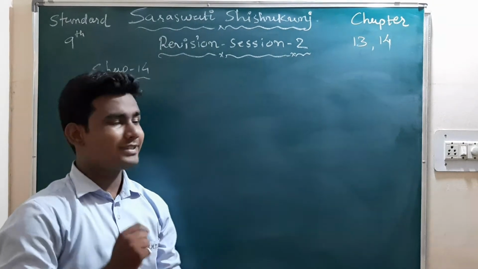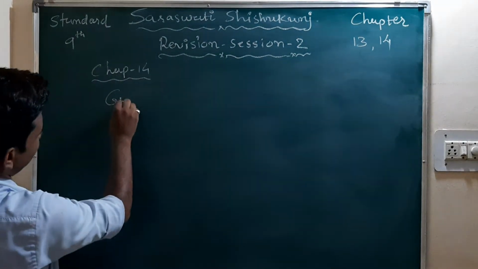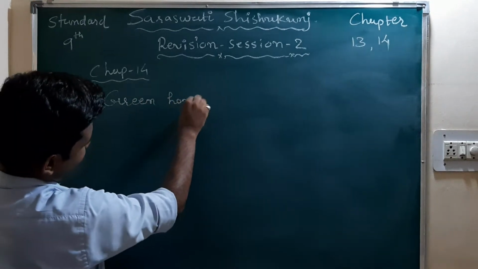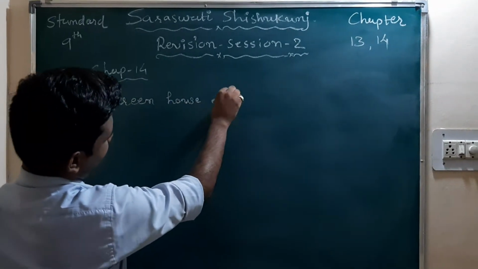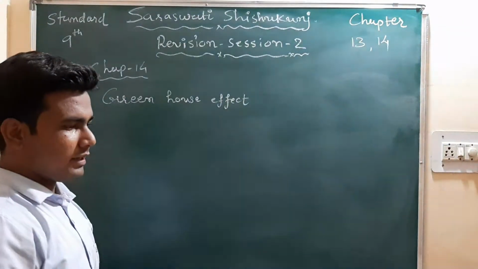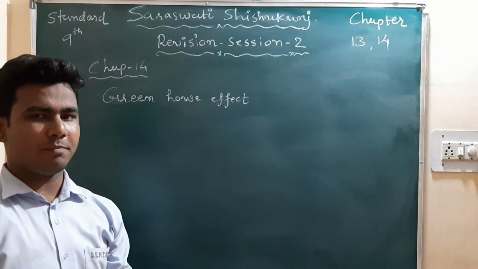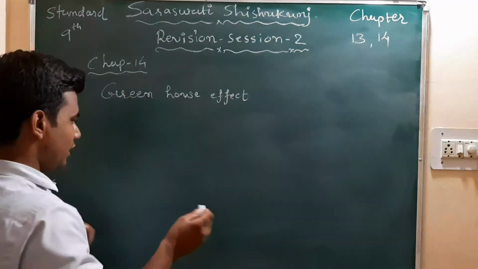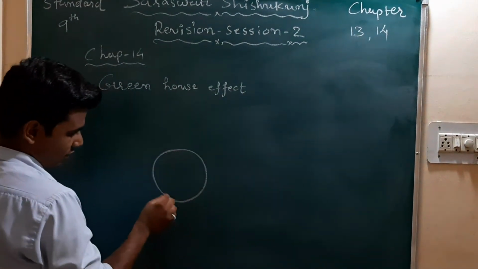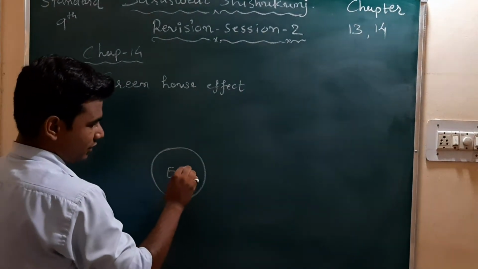Now let's talk about the greenhouse effect. Now what is the greenhouse effect? See, the greenhouse effect and global warming are both connected with each other. In the greenhouse effect, what happens? This is our Earth.